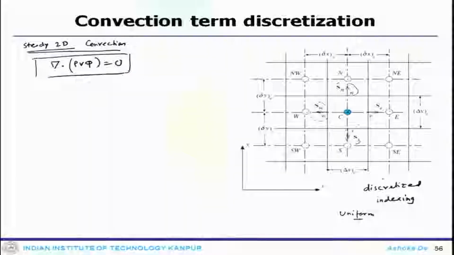And these are the distances between the cells. These are standard grid related information that we have been using since the beginning.